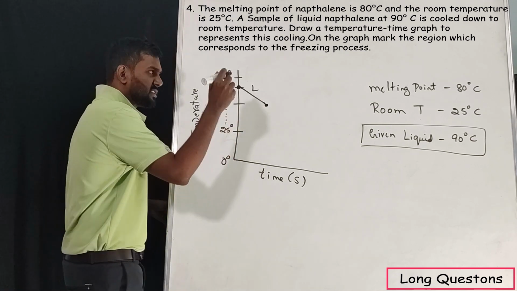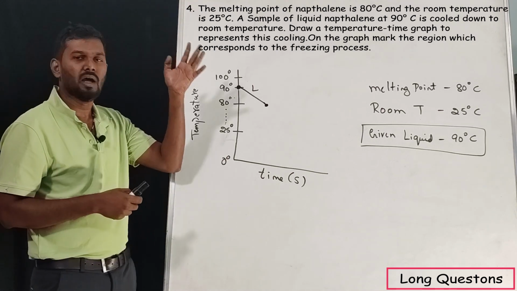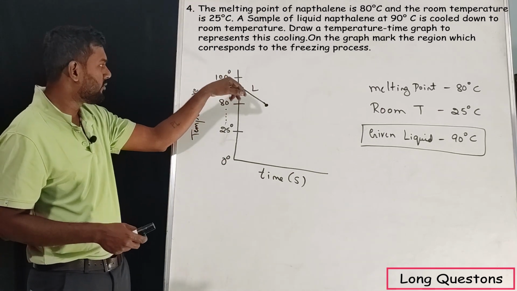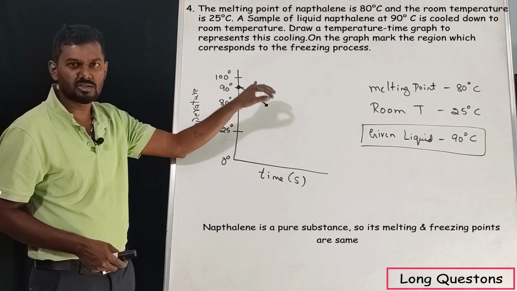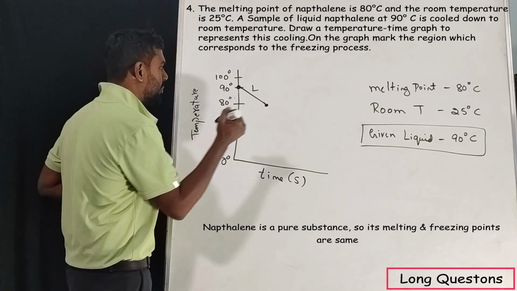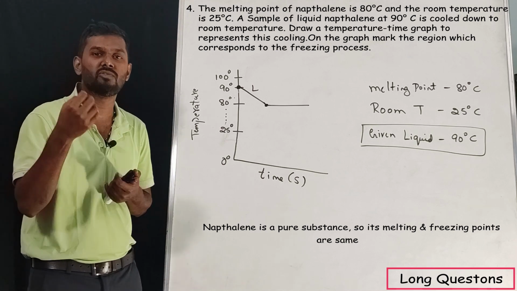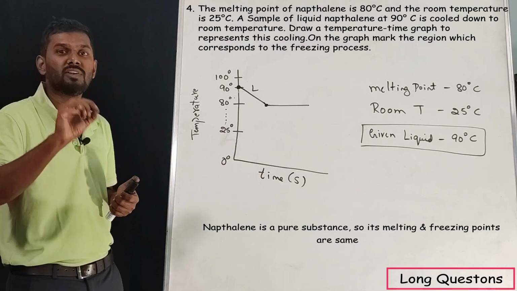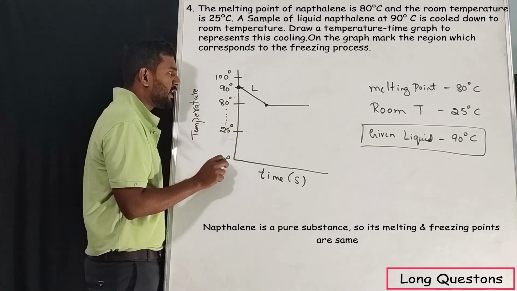Once it reaches the melting point, we know melting is converting solid to liquid, but it is already in the liquid form. At 90 degrees Celsius, we have brought it to 80 degrees Celsius. At this temperature, a process will start. We know any process means a change of phase, solid to liquid, liquid to solid, and it will happen at a constant temperature.